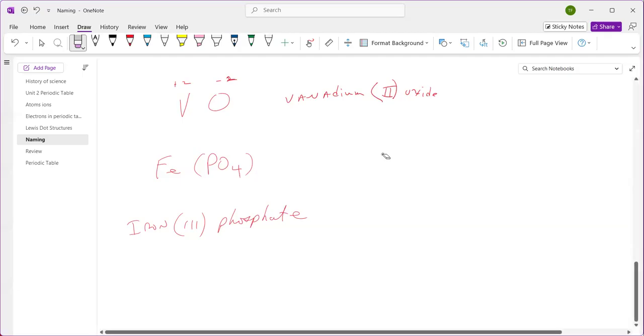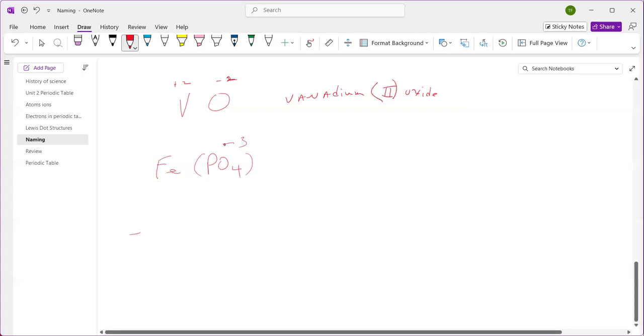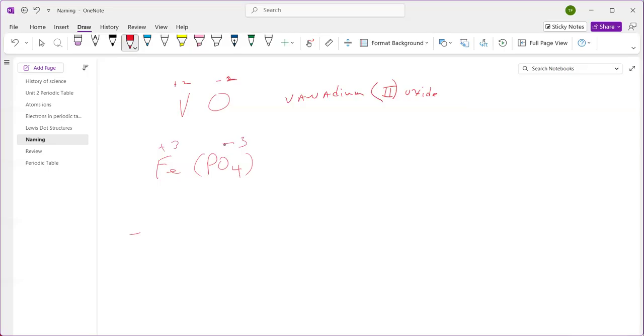Okay. Notice here, if this is just a formula, and I asked you to write that, look over on the right side and find phosphate. Phosphate is a -3. That forces the iron to be a +3 to balance it out, because there's one iron to take up all that negative charge.